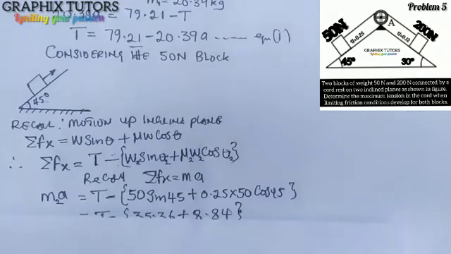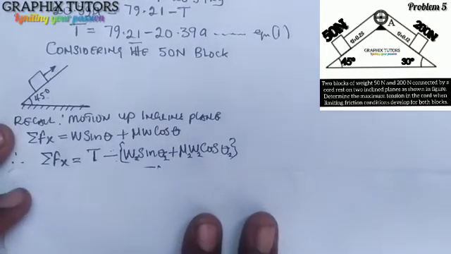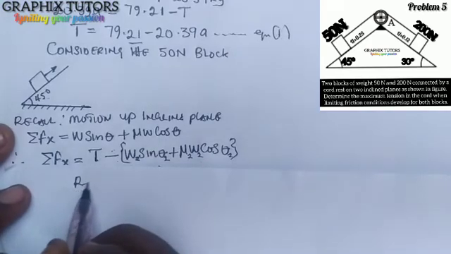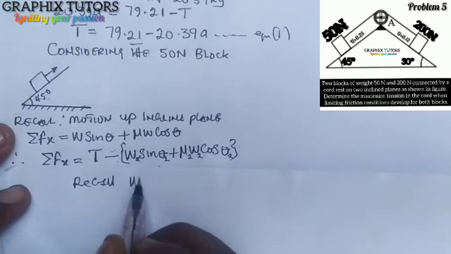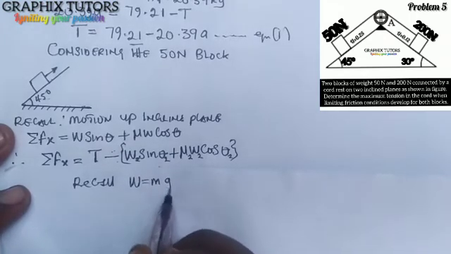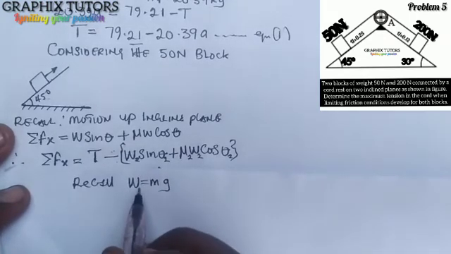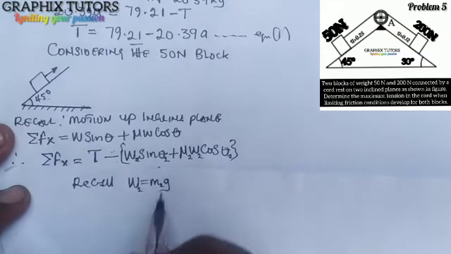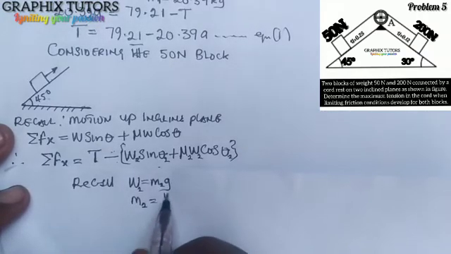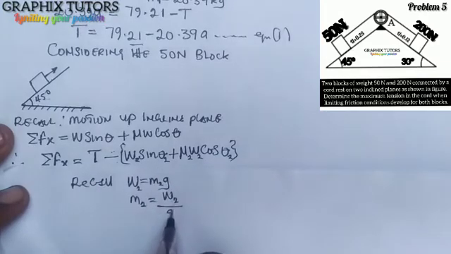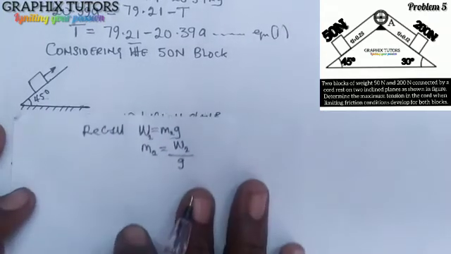So what we have here, recall the weight is equal to mass times gravity. So we're talking about weight 2 and mass 2. So the mass 2 will now give us weight 2 over gravity, right?